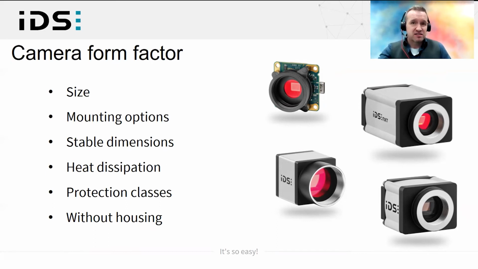And is smaller always better? Especially high performance functions generate a lot of heat that has to be dissipated. In rough environments, high protection glasses are also important. And in some cases, you may need the camera without a housing. How flexible are the manufacturers in this?